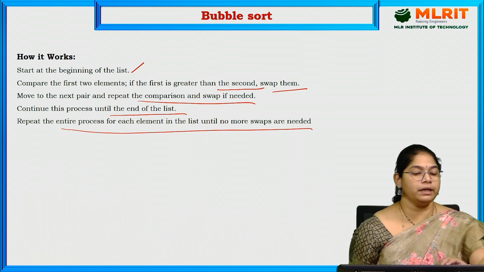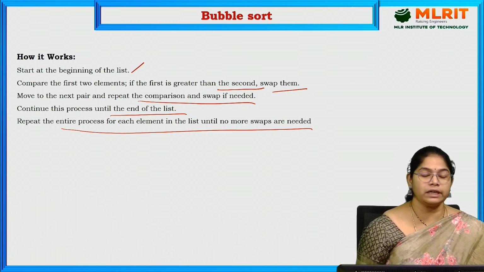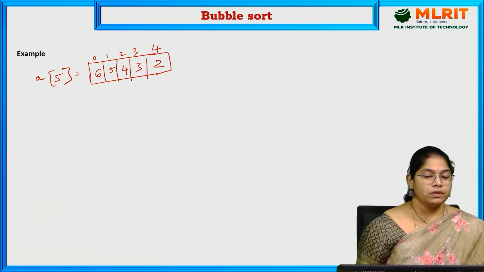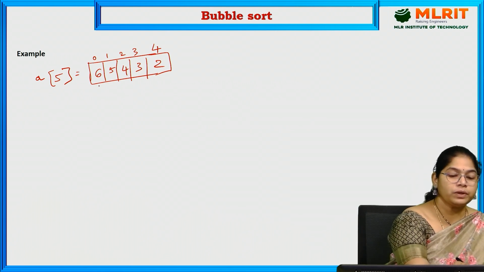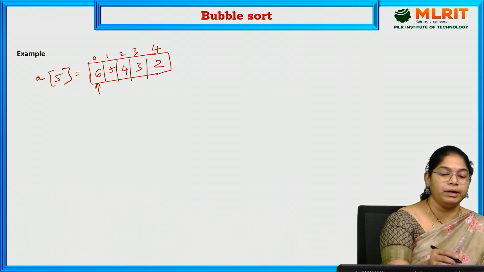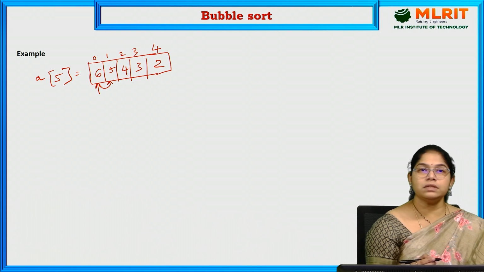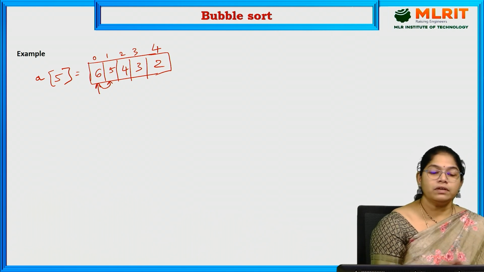So what is the first step? Start at the beginning of the list. Compare the first two elements. If the first is greater than the second, swap them. So here we are starting. We are comparing with the adjacent element. We compare 6 with 5. If 6 is greater, we have to swap them.